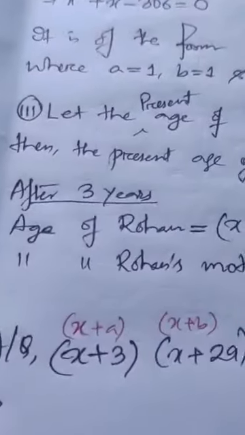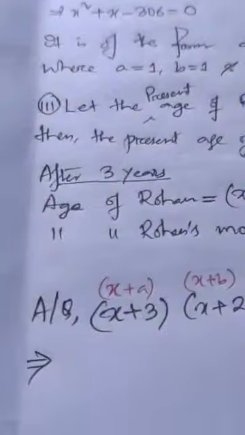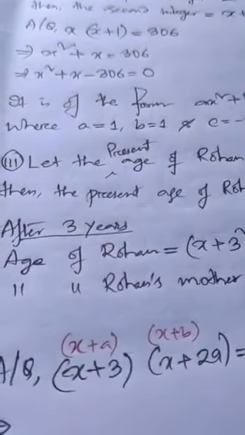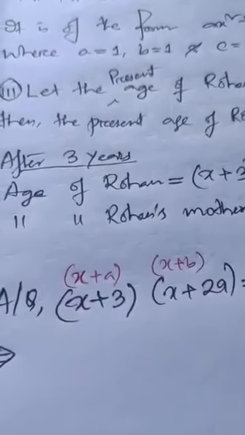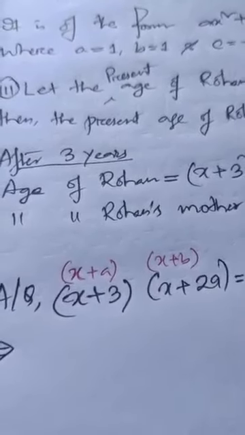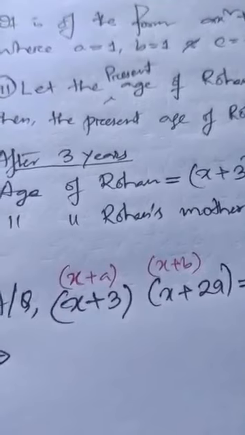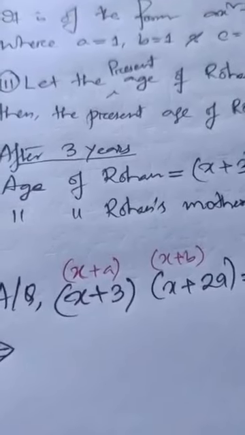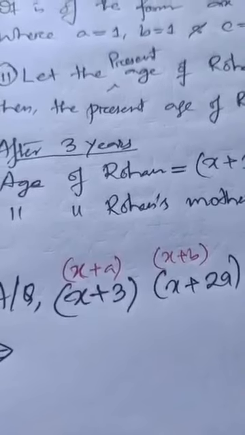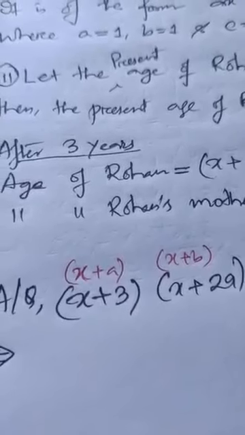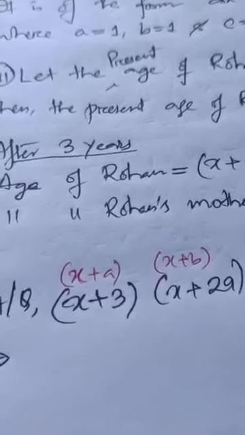Here you have to use common sense. Look, what is the present age? Class 10 students, you are watching this, so use common sense here. Your present age, some of you may be 15, some of you may be 16. Suppose your present age is 16 now.